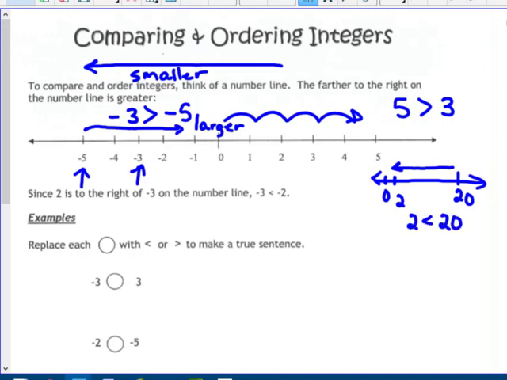Going left, things get smaller. Going right, things get larger. So in this example, oh, this should be a -2, by the way, -2. Since -2 is to the right of -3 on the number line, -3 is less than -2.